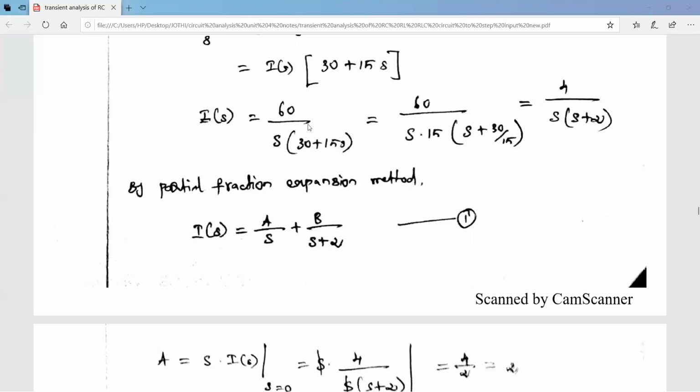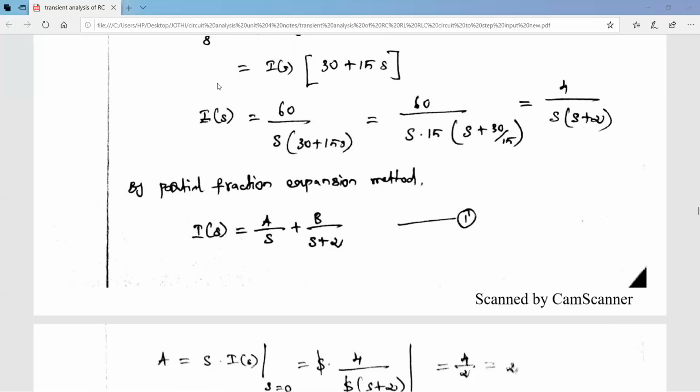So you take this 15 outside, and we can write s plus 30 divided by 15. What is 30 divided by 15? It is 2. And the numerator constant 60 divided by 15 is 4. So we get the I of s expression as 4 divided by s into s plus 2.